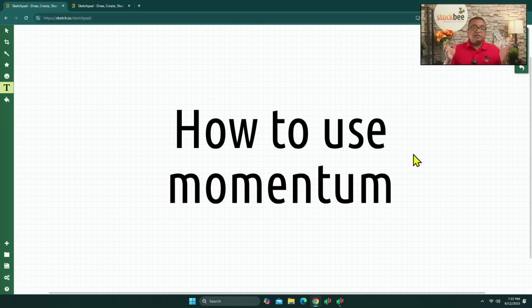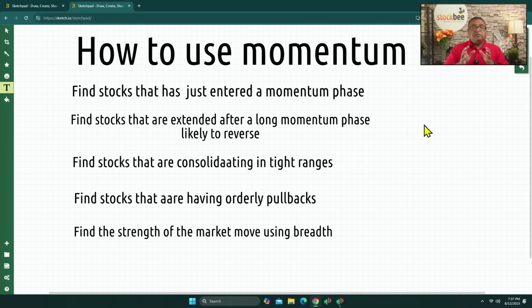Again, this is absolute momentum, because either a stock will be above the 50-day average or it will be below it. So using absolute momentum, you can create various ways to trade momentum.